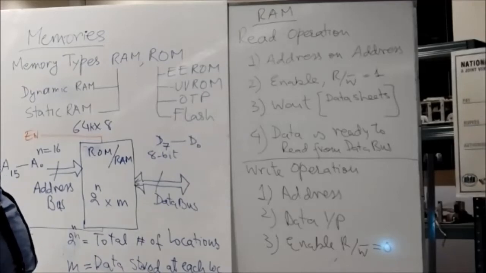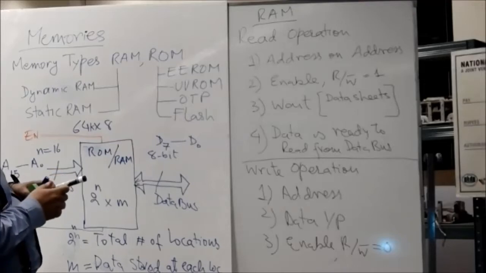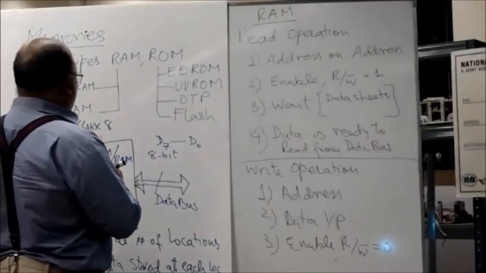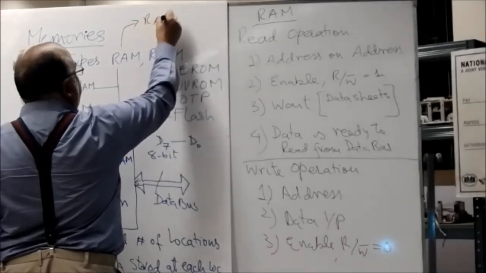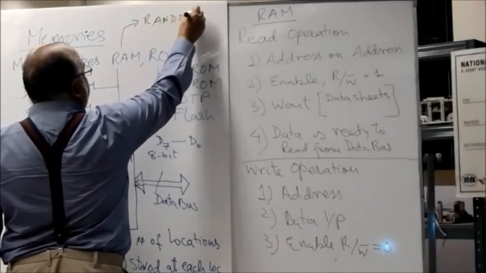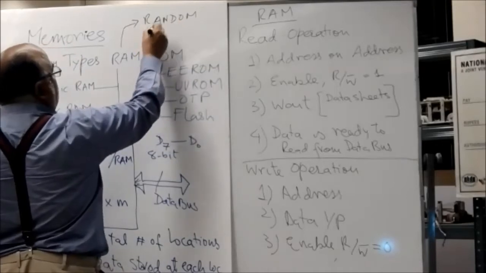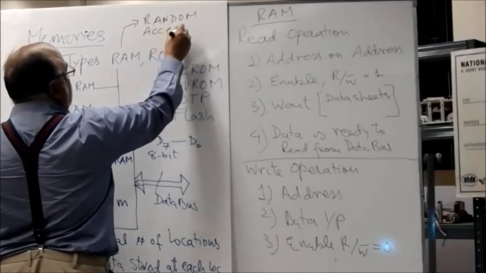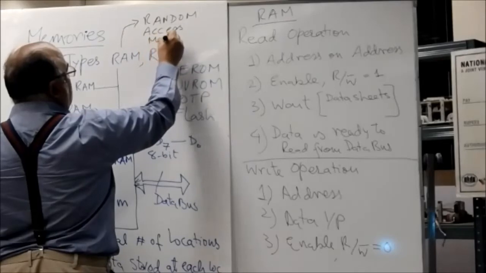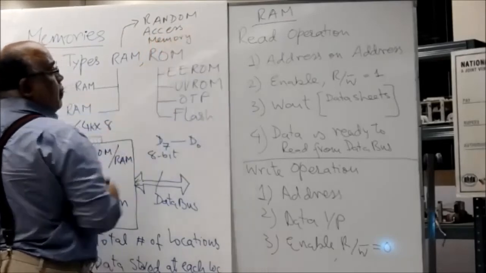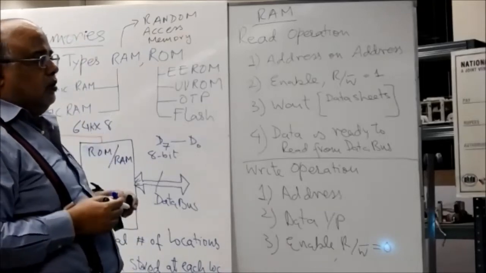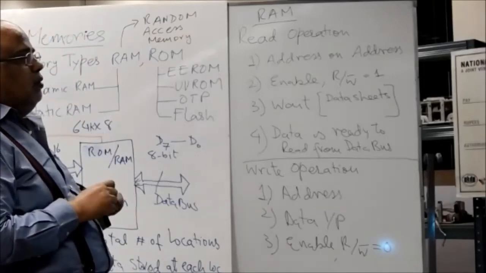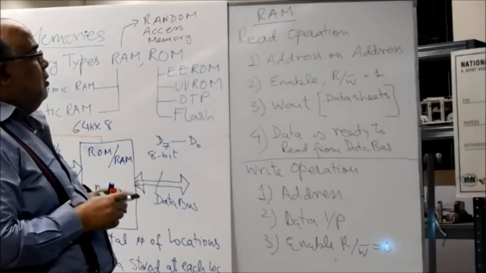So coming back to the question, what is random access memory? And this definition can also be applied to ROM. भाई साहब आपको पता है क्यों कहते हैं रैंडम एक्सेस? नहीं सर.